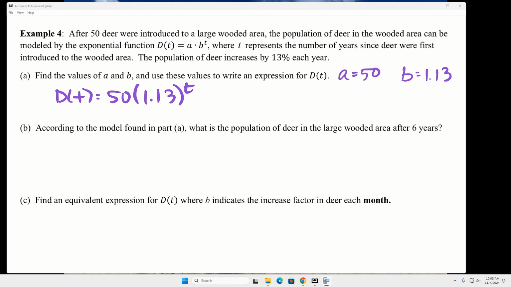All right, and then the next question just wants you to use it to find the population of deer after 6 years. So they want you to find d of 6. So you guys try that on your own. To charge my Apple Pencil for a second.